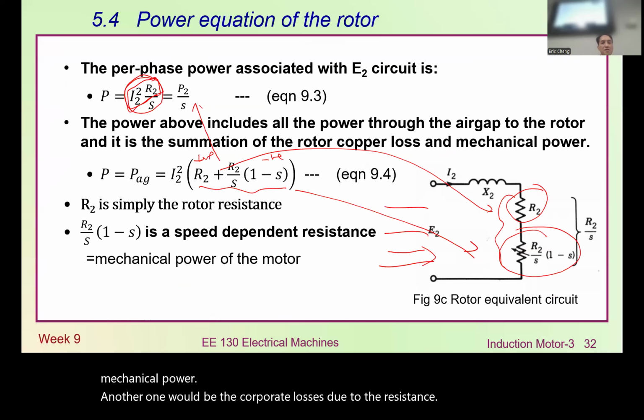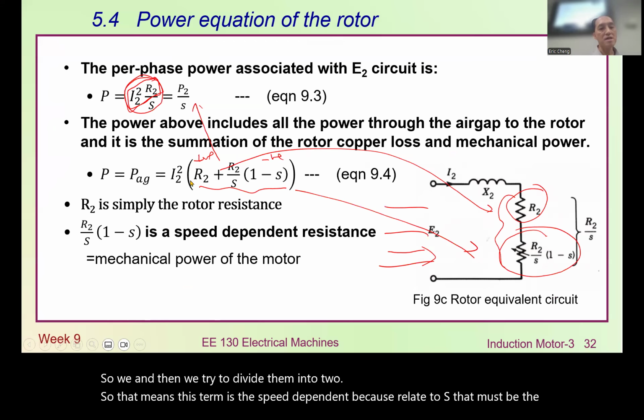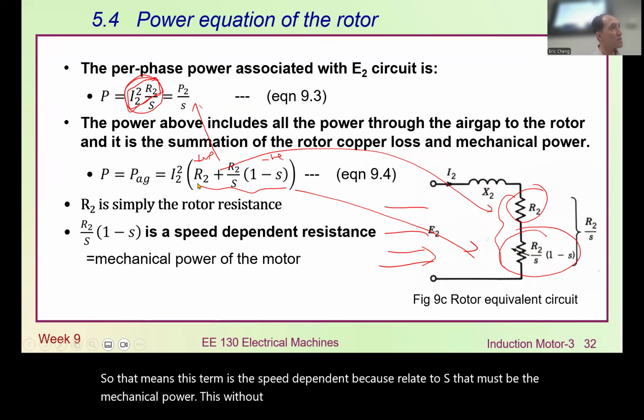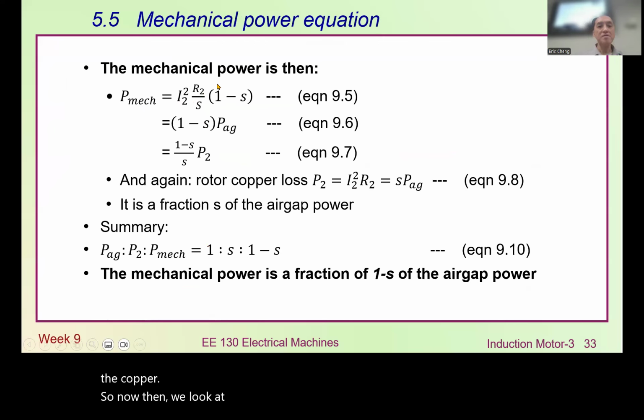So then we try to divide them into 2. This term is speed dependent because it is related to S. That must be the mechanical power. The term without any S, I squared R, must be the resistive power loss due to the copper. Now we look at this equation.